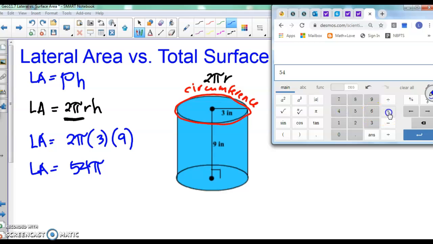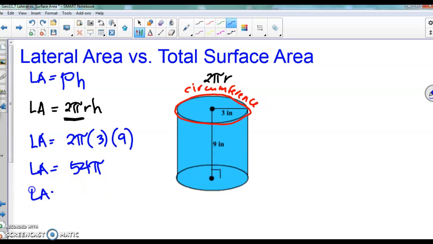So 54 times 3.14 is 169.56. So LA is 169.56 inches squared. Both are correct. If you're going to use this in another computation, then I suggest keeping it in simplest pi form. And don't round off intermediate values.